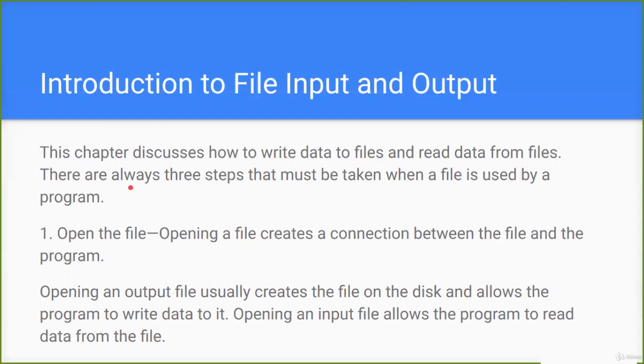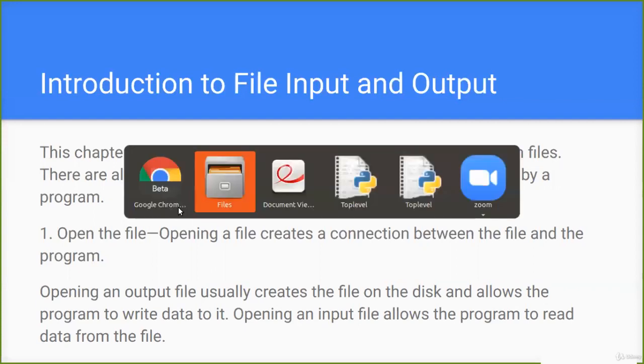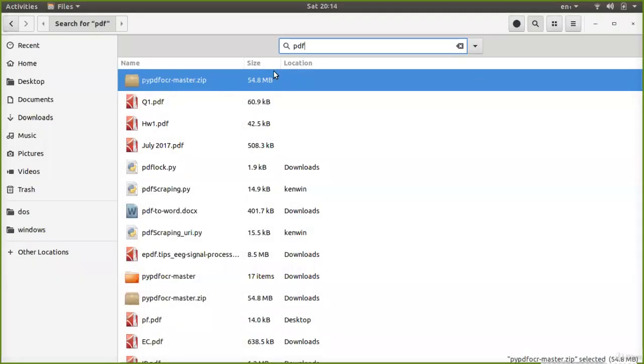So there are three steps that must be taken when a file is being used. First is opening a file or creating a file. Suppose I want to create an Excel file. What do I do?